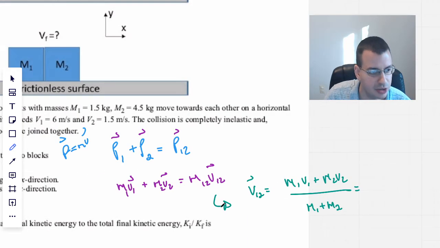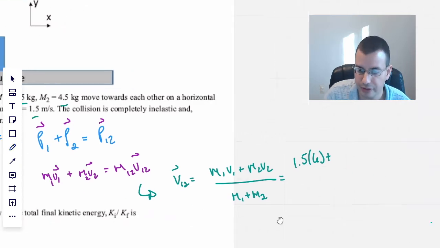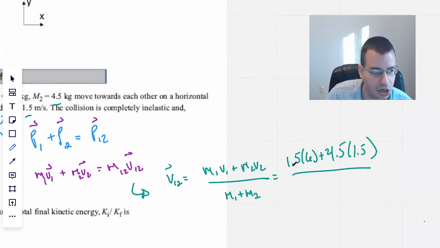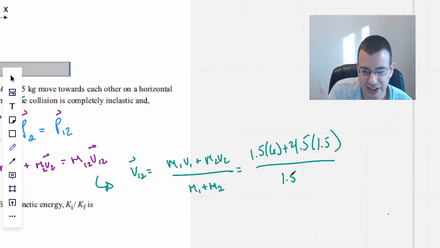So mass 1 times v1 is 1.5 times 6, plus 4.5 times 1.5. And then we're going to divide by the combined masses, which is 1.5 plus 4.5, which will give us 6.